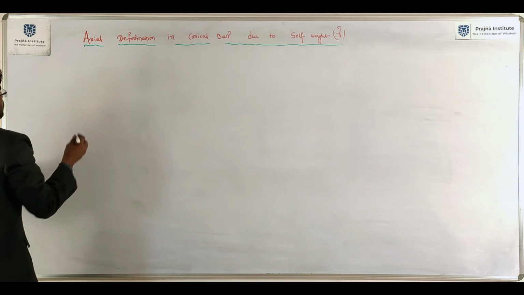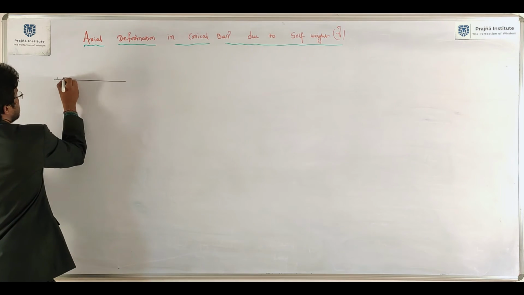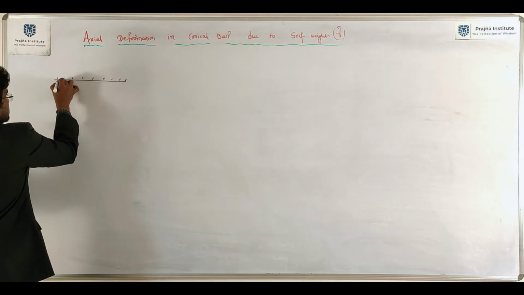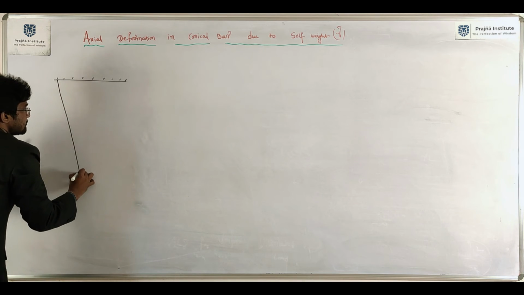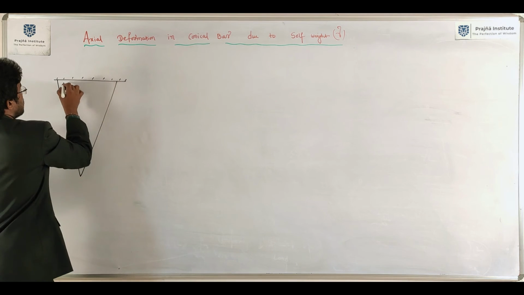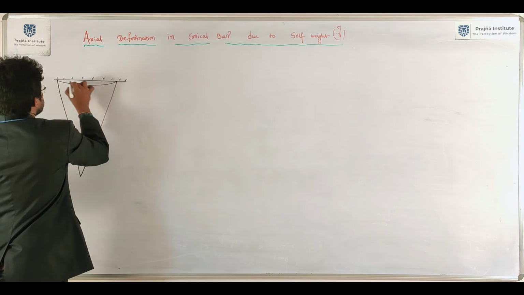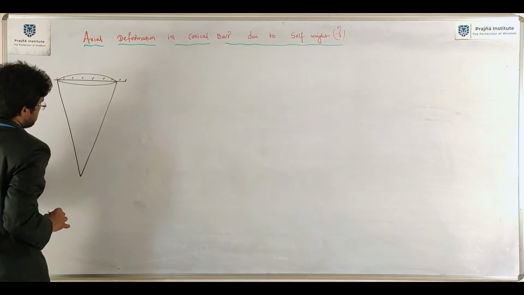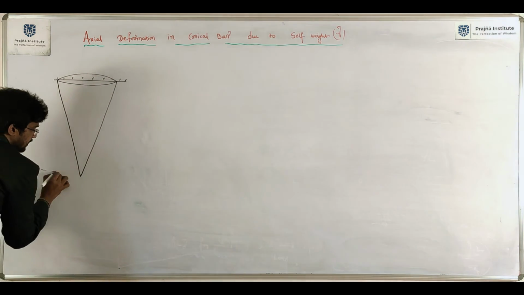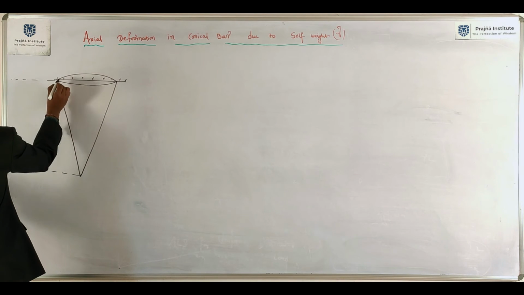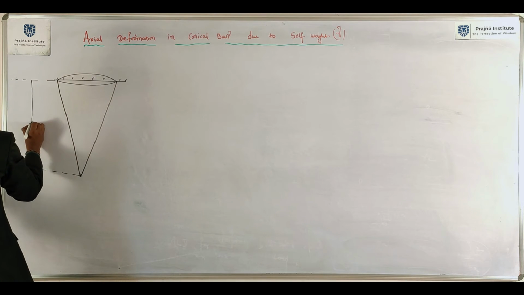First take a conical bar. Here it is a circular cross section. The length of the conical bar will be L.